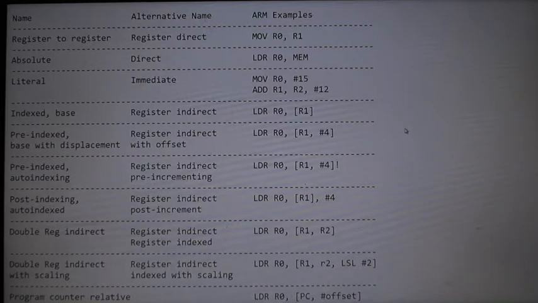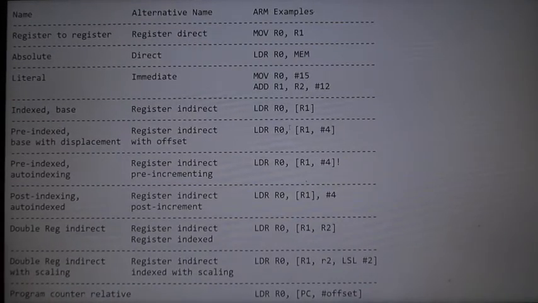So the next memory location is pointed to, but the base memory address is here. This is good for arrays and data structure operations, such as arrays, stacks and queues.